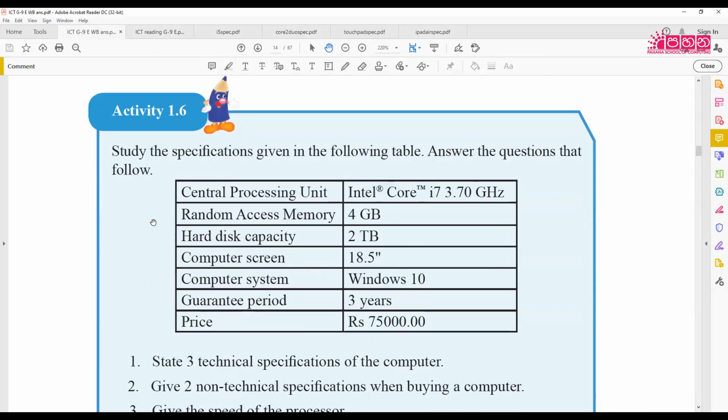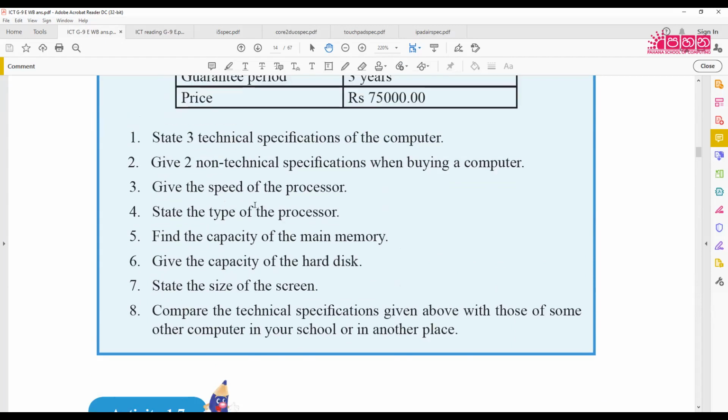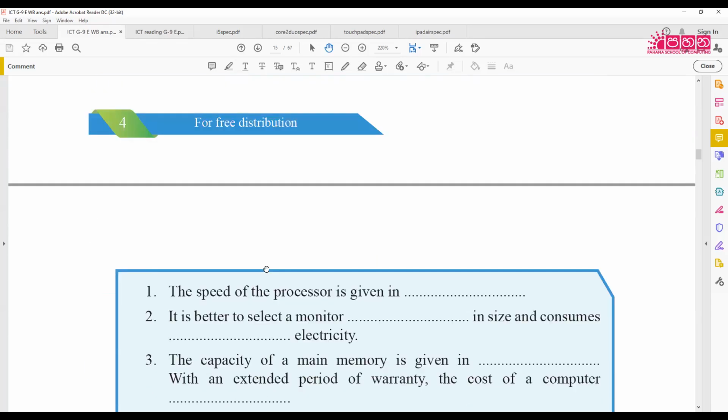Identify these details: the central processing unit, RAM, hard disk, screen type, operating system, guarantee, and the price. Price is sometimes not listed in all the specs, but I want you to identify these technical details, right?